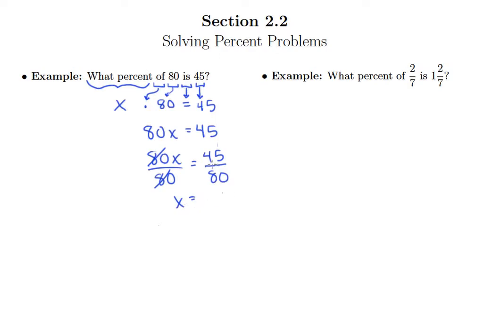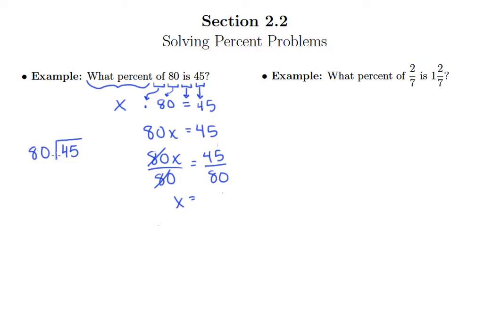And if you look here, they're both divisible by 5. And so you may or may not find it helpful to reduce this a little bit. I'm just going to go ahead and divide 45 by 80 because 80 is a fairly easy number to think about. So I'm going to go ahead and just take 45 divided by 80.